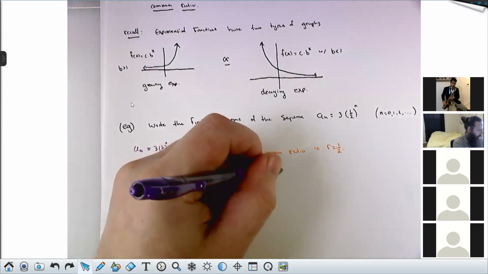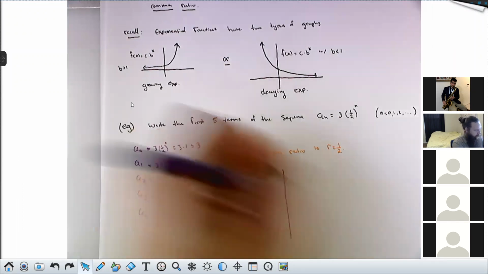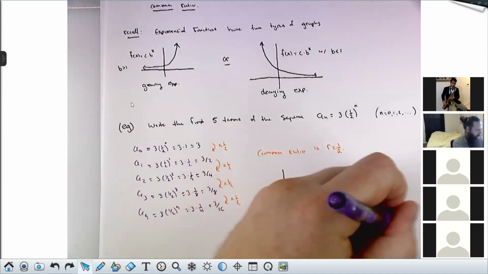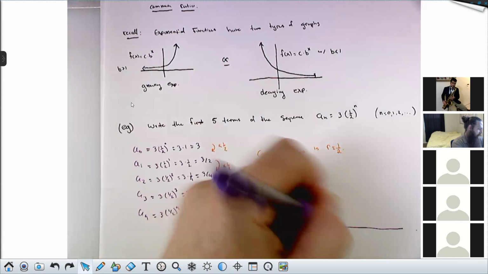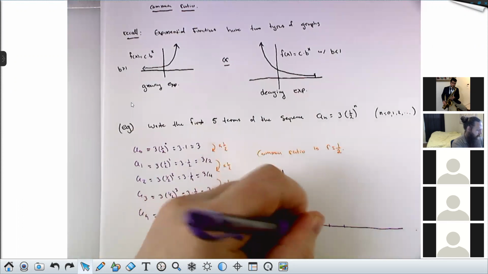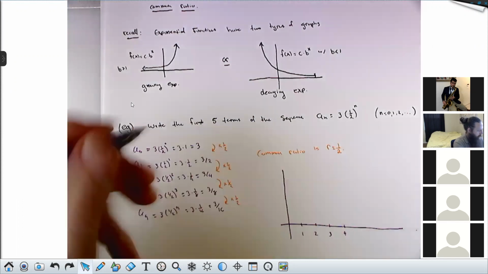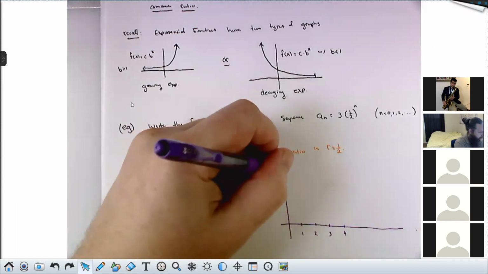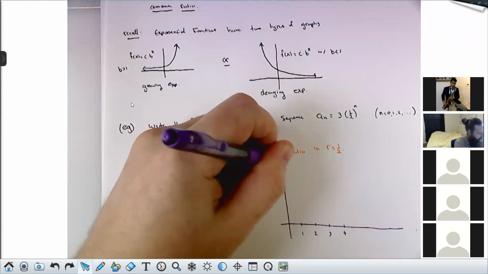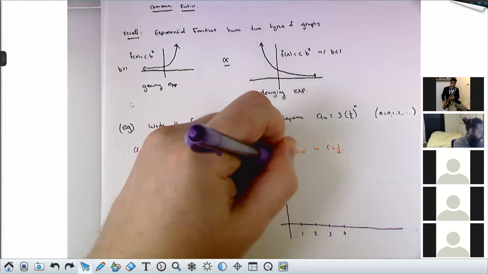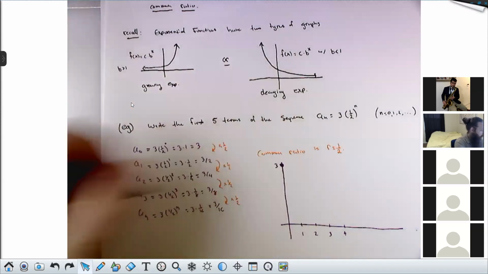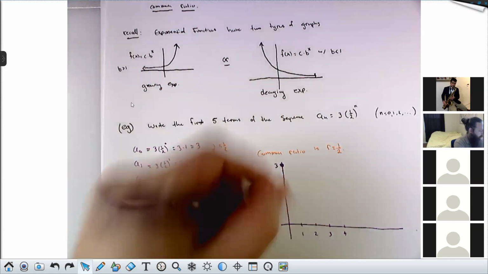So the graph here, I mark this up here as 3. A0 was 3. A1 is 3/2, which is 1.5.